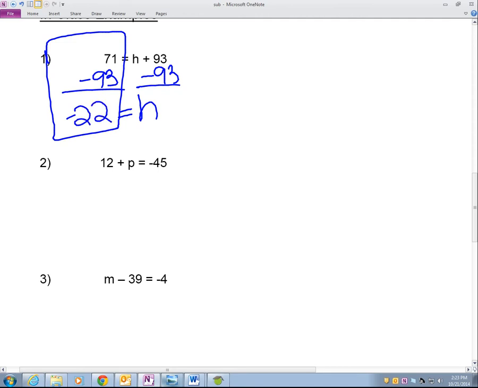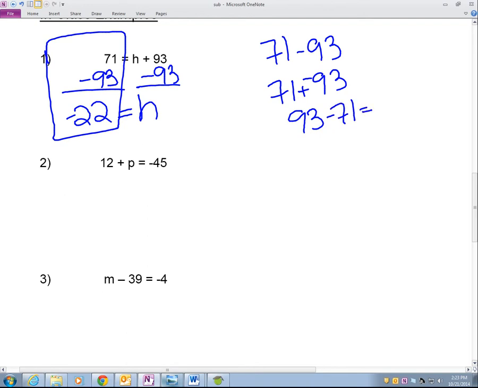So I'll rewrite that a couple different ways. What we just did is we did 71 minus 93, or you could do it as 71 plus negative 93. Or you could look at it as 93 minus 71, and then that would all be minus 1, which becomes 22.